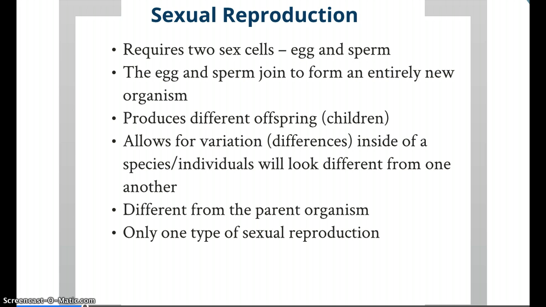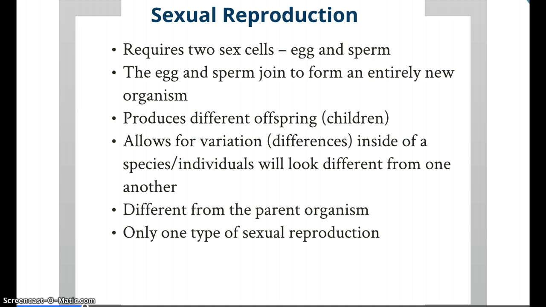When sexual reproduction occurs, it allows for variations inside of a species. Variations is a fancy word for differences. So basically it allows for differences within a species, meaning individuals will look different from one another. For example, humans. No human looks exactly like another human, with the exception of identical twins or triplets.